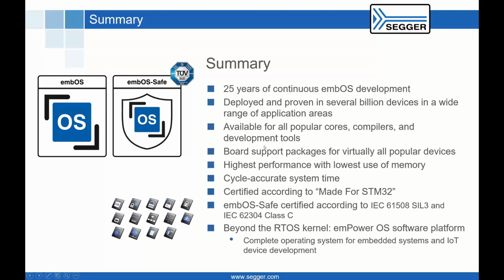I hope I was able to show you that it's available for all popular cores, compilers, and development tools. We saw all the different board support packages for all the popular devices. It has really high performance, but still is very modest in terms of the amount of memory it needs. We have cycle accurate system time.